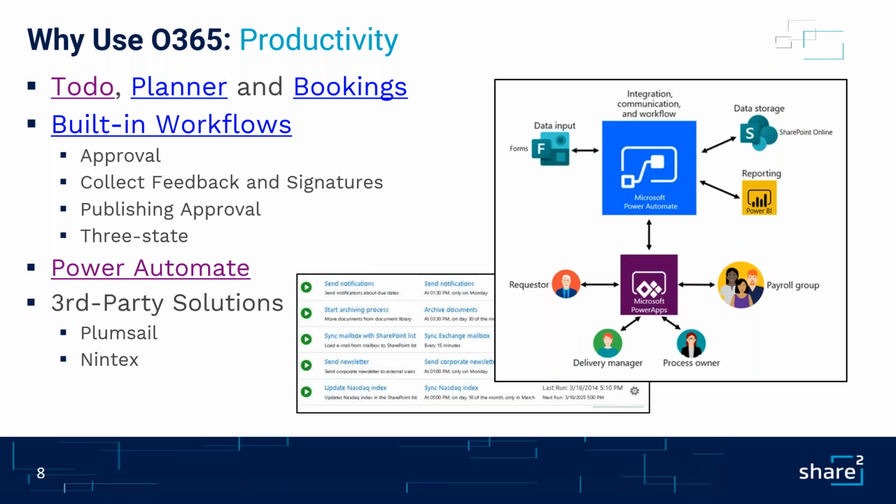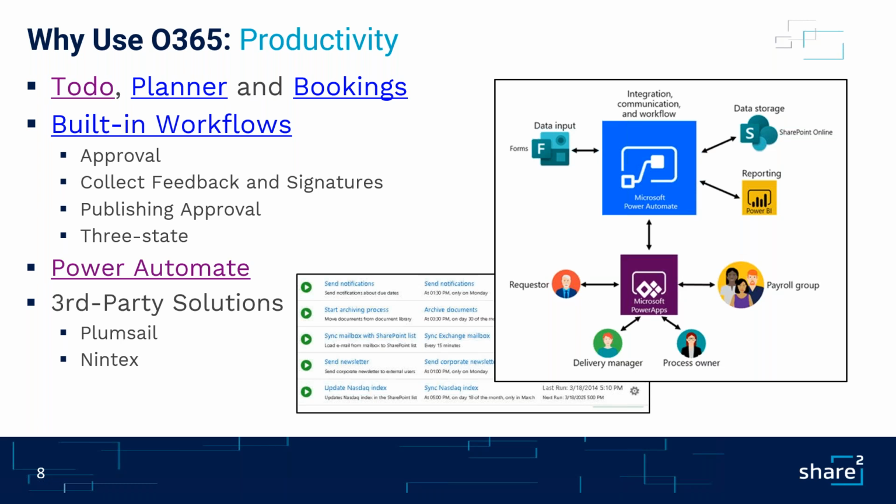Bookings is for people to book meetings with you. Jim has in his signature line, book a meeting with me, and you have some pretty fine controls about the hours people can book and things like that. Then there are the built-in workflows in SharePoint, and Power Automate, which is the newer workflow application that comes with Office 365. I mentioned third-party solutions.